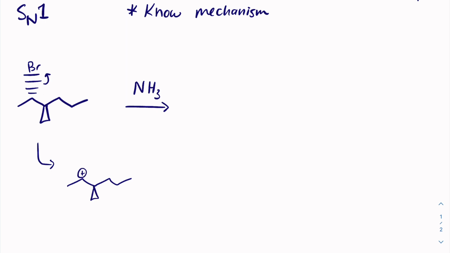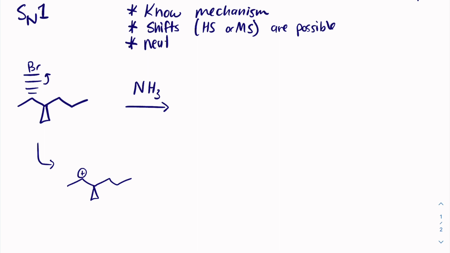With SN1 reactions, rearrangements or shifts are possible, and when I say shifts in this video, I mean your hydride shifts or your methyl shifts. Additionally, like I said, you're typically used to seeing a neutral nucleophile.